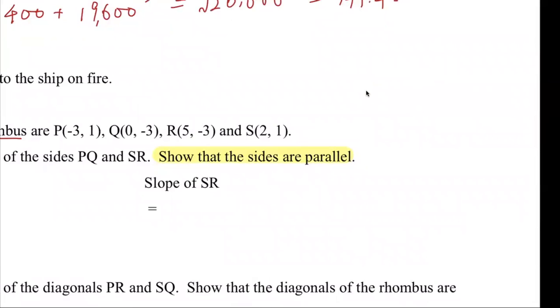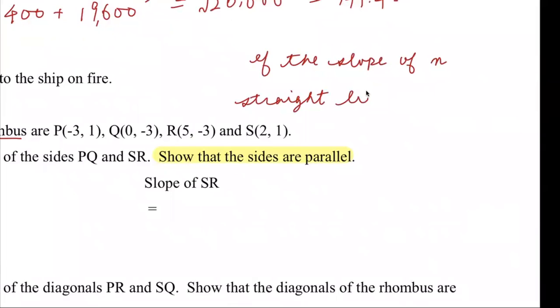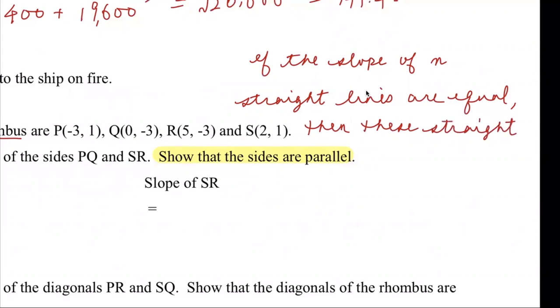If the slopes of n straight lines are equal, then these straight lines are parallel.